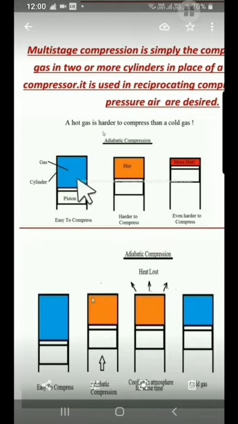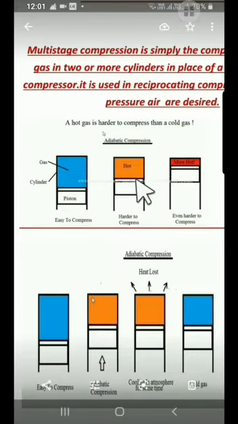After the compression, this cold air becomes hot because the compression process is adiabatic compression, which increases the pressure and temperature both. With the progress of the adiabatic compression, this hot air becomes more hot.